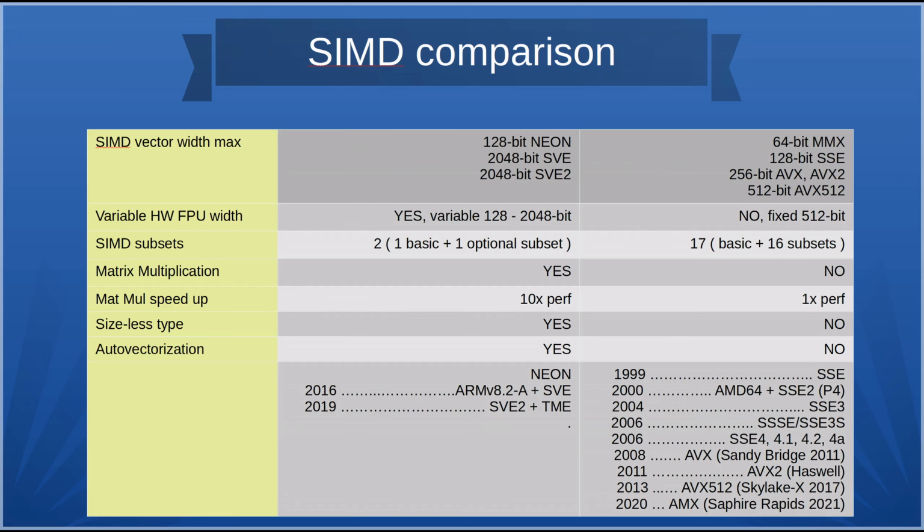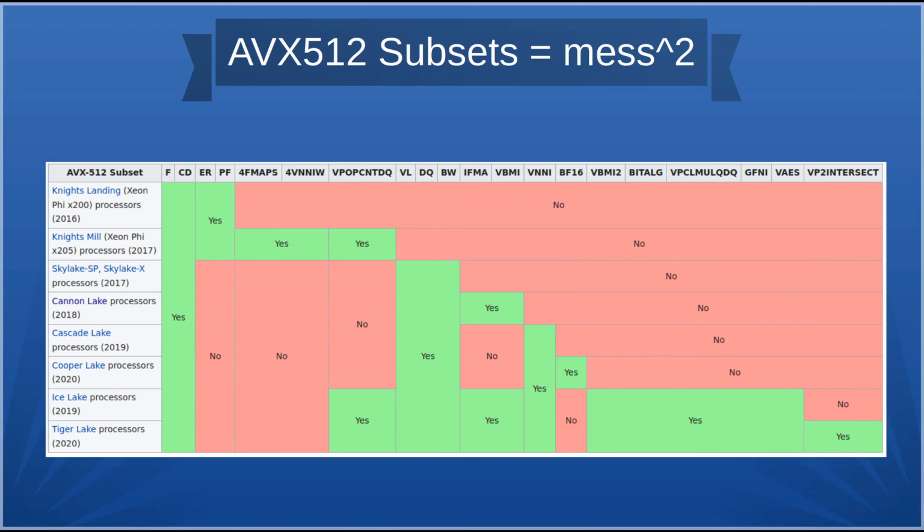Then we will also compare the floating point, single instruction, multiple data units, and the instruction set extensions. We will compare SVE2, which is up to 2048-bit wide, to AVX512, which is also very interesting, and we will take a look at the subsets for each one.